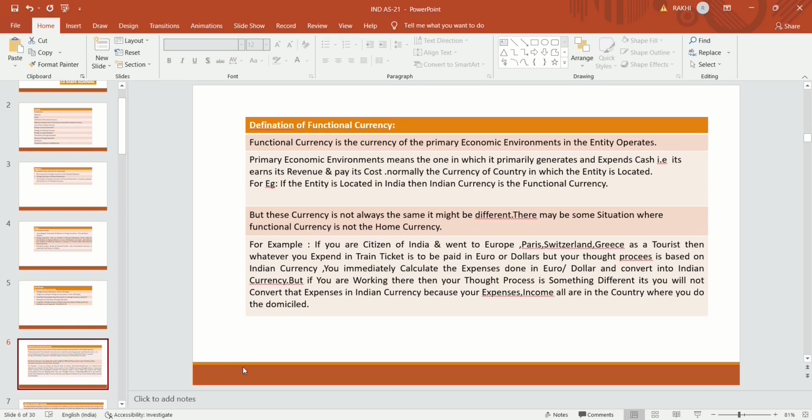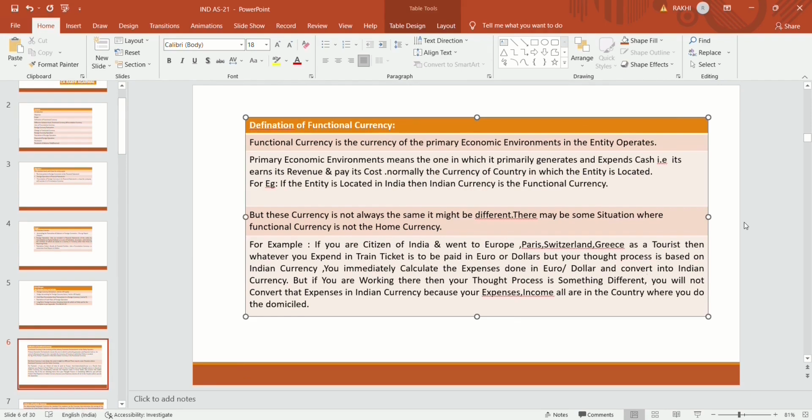But these currencies are not always the same. There may be some situation where the functional currency is not the home currency. This is to be explained by an example. Suppose you are an Indian citizen who went to Europe as a tourist, and you spent some amount on train tickets and paid in euro, but your thought process is based on the Indian market, Indian currency.